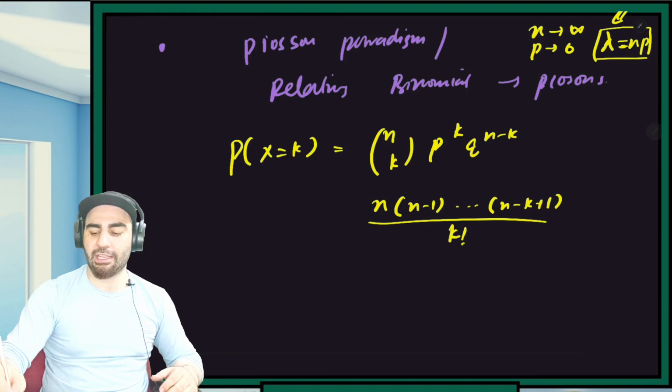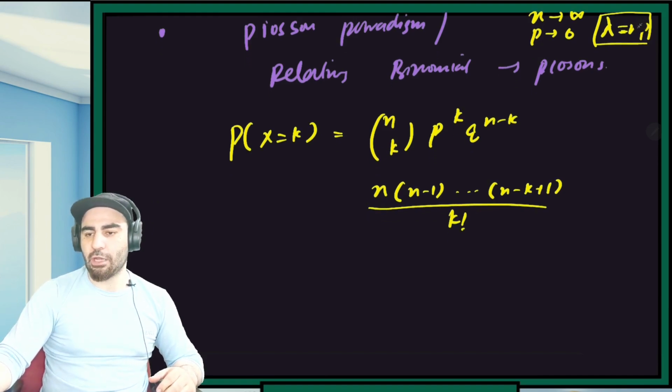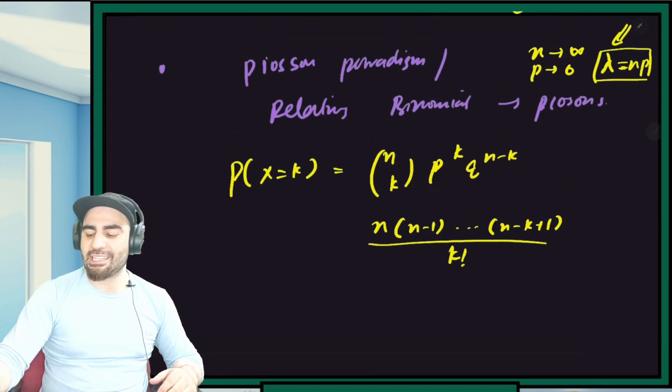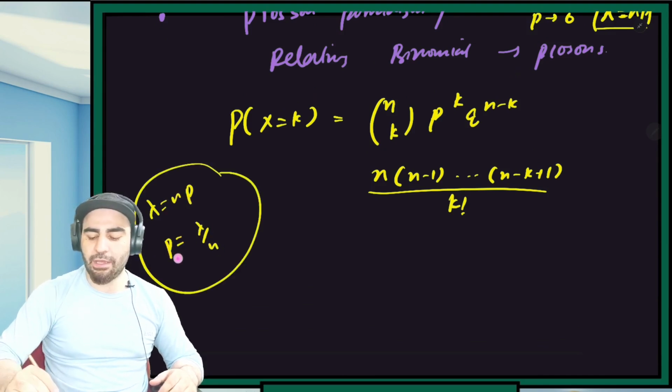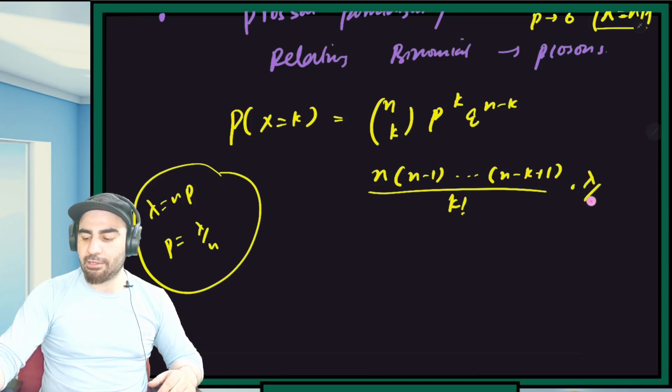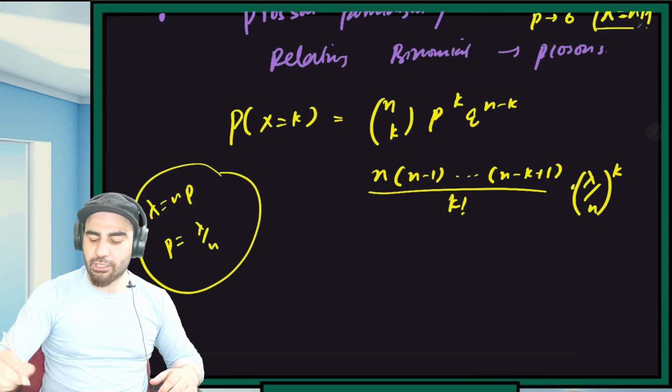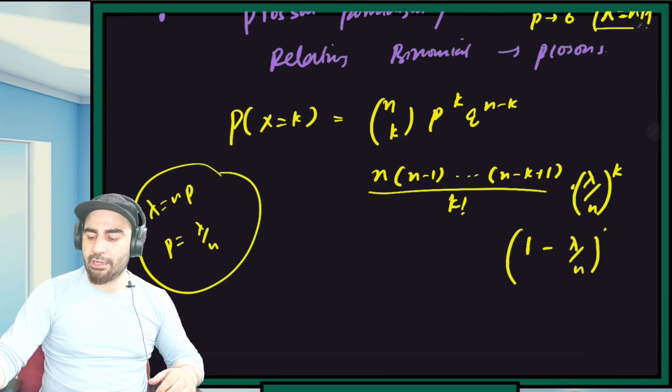Now I know lambda is equal to np, so p is equal to lambda by n. I'll use lambda by n instead of p. So here I have lambda divided by n to the power k, and then 1 minus p, that is 1 minus lambda by n, to the power n minus k. So this is how I have done it.